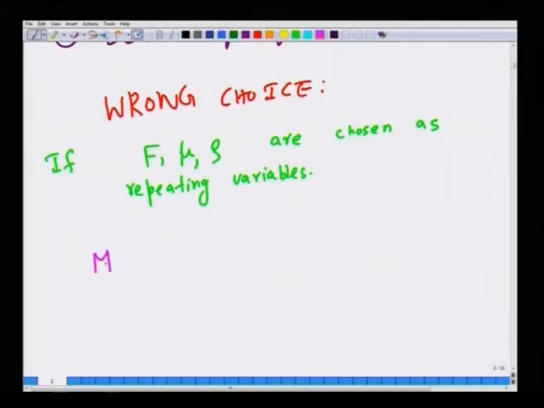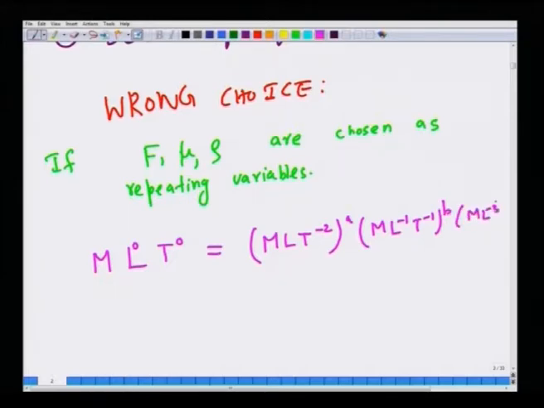So, mass times length to the power 0 times time to the power 0 must be represented as the dimension of force, which is m L t to the minus 2 to the power a, times mu to the power b, where the dimension of mu is m L to the minus 1 t to the minus 1 to the power b, times rho to the power c.